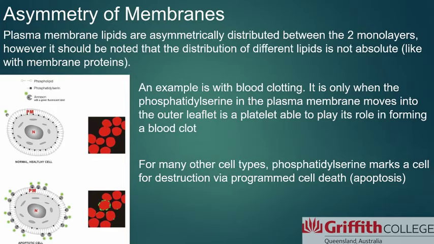For instance, with blood clotting, blood coagulation, it's only when phosphatidylserine in the plasma membrane moves to the outer leaflet that blood clotting can be triggered. Again, it's not overly important that you memorize all of that. It's just another example to explain the asymmetric nature of our membranes.